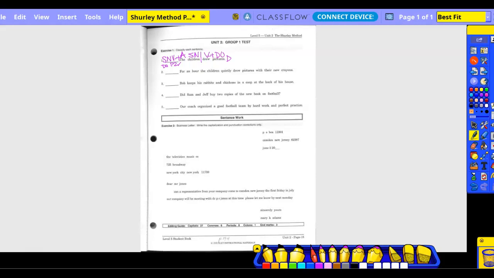The pictures, right? For an hour, the children quietly drew pictures with their new crayons. So, who drew pictures with their new crayons? Okay. What is being said about the children? Drew, verb. Drew what? Pictures. Do pictures mean the same thing as children? No. So it's the direct object. This becomes the verb transitive. Okay. With, preposition.